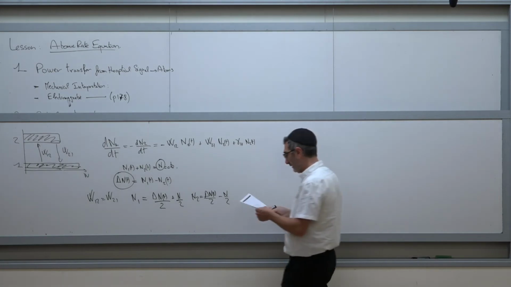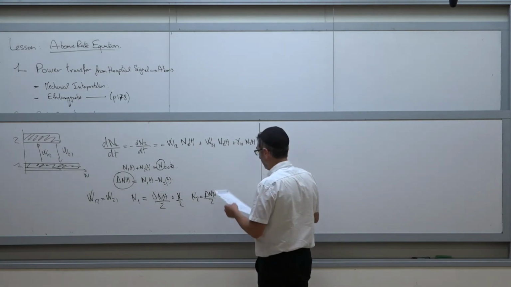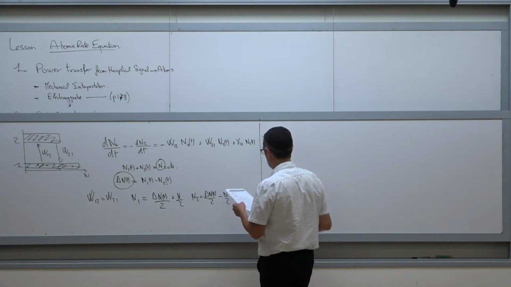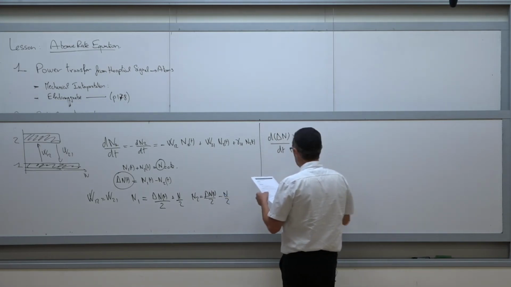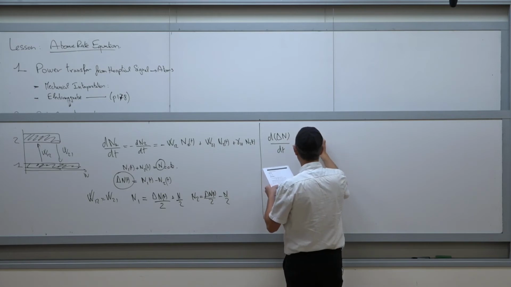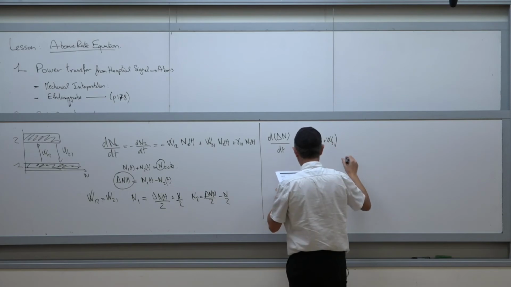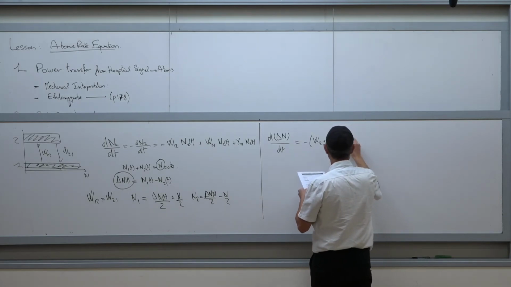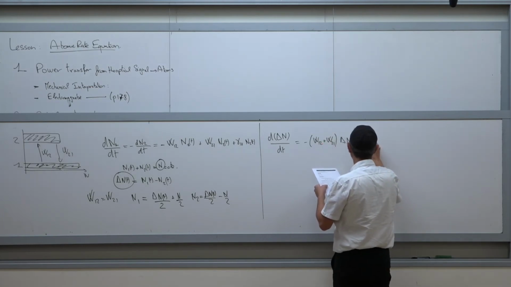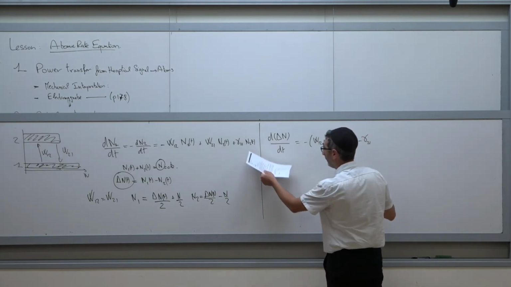And I get d delta N over dt is equal to, so what do we have? I have minus W12 plus W21 times delta N of t, minus gamma 21 times N2.